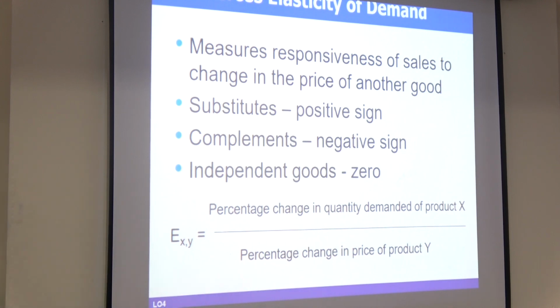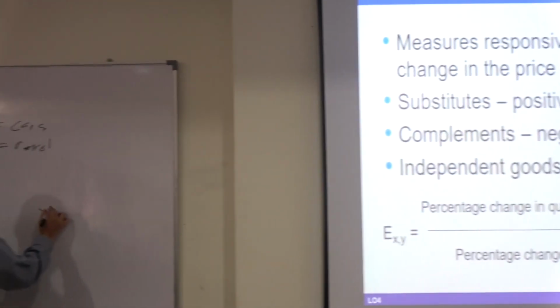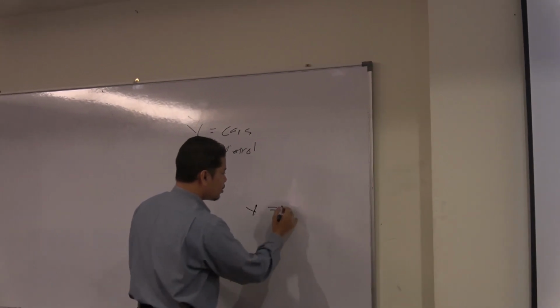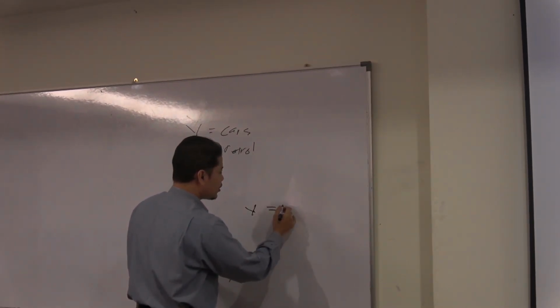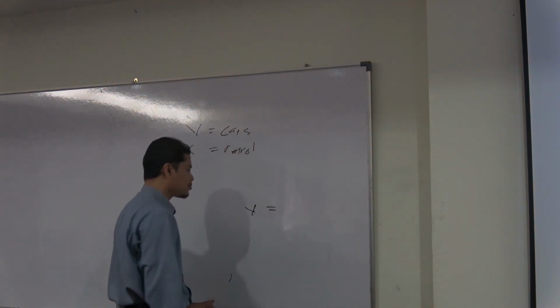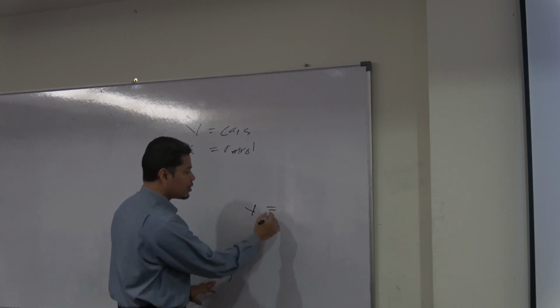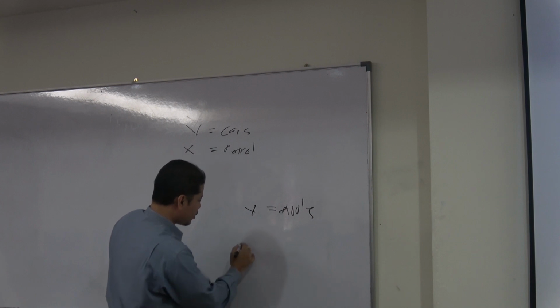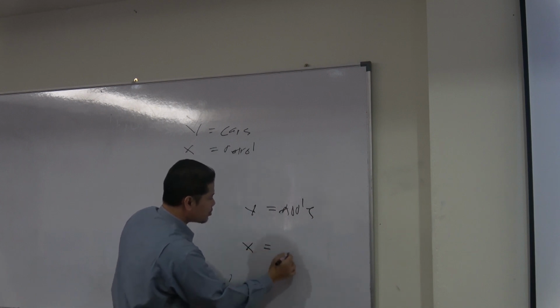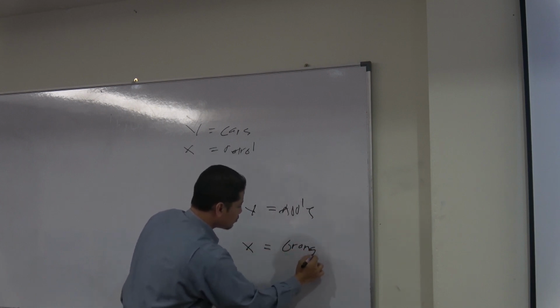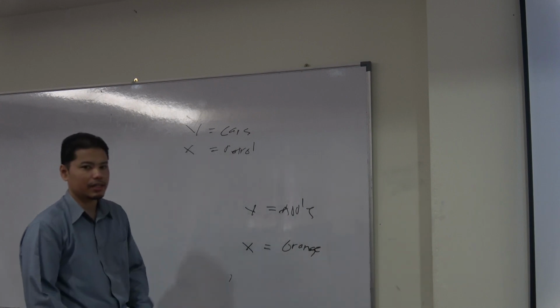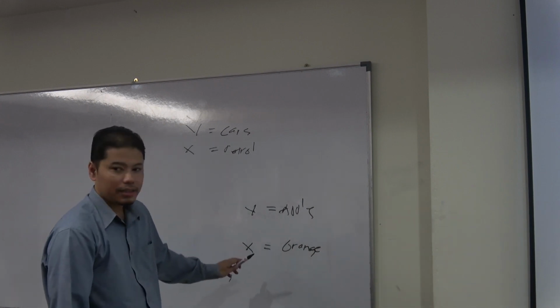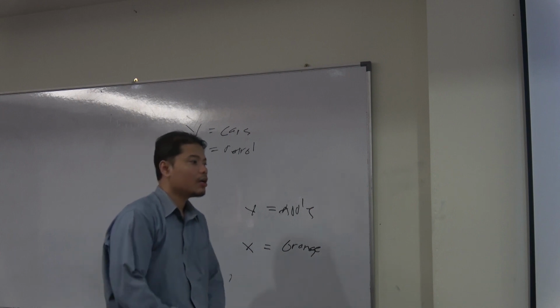Let's say Y is apple, X is orange. These are substitute products.